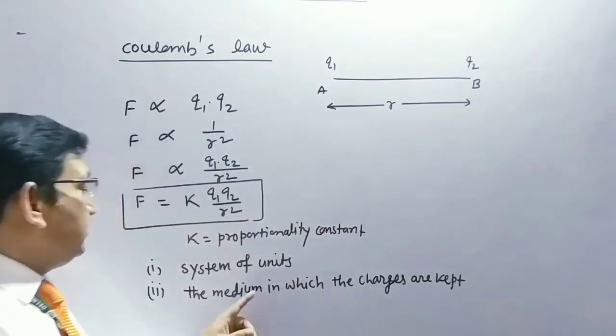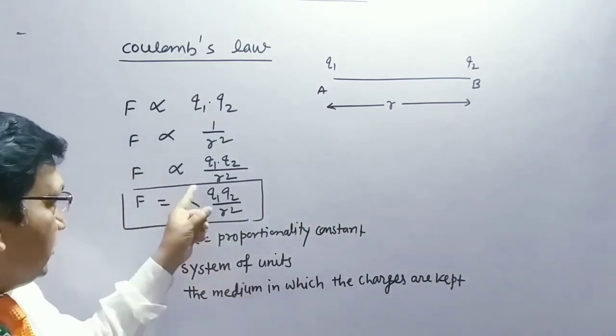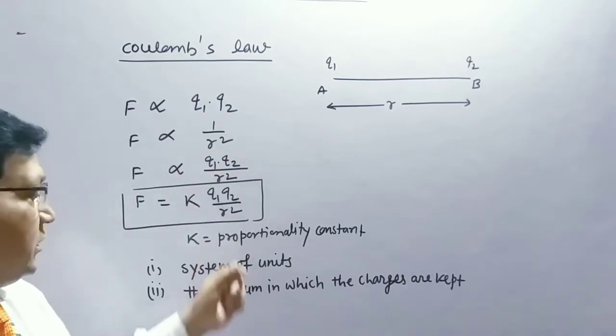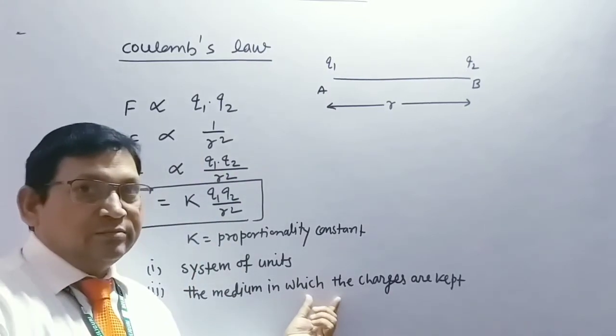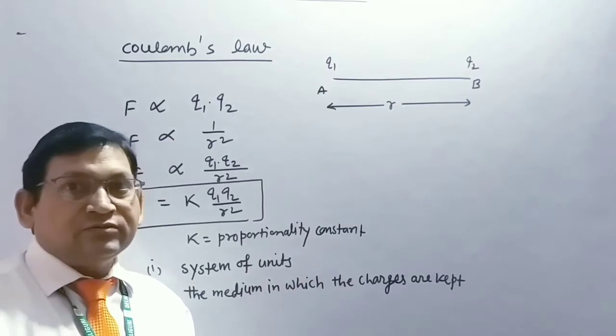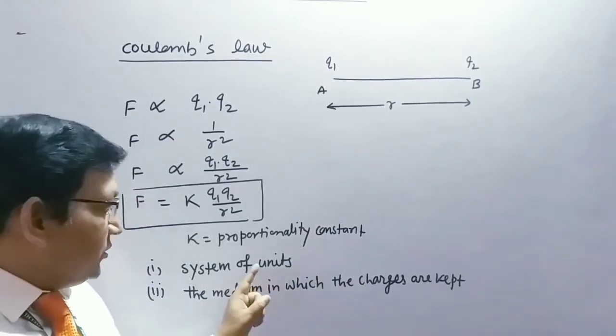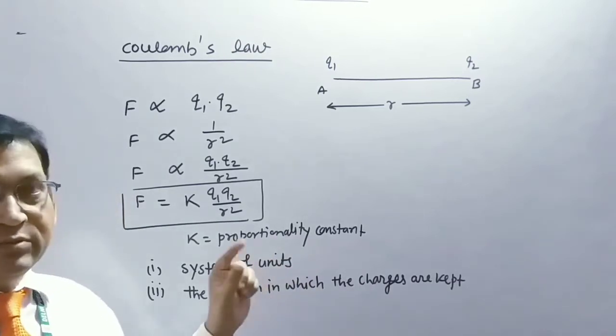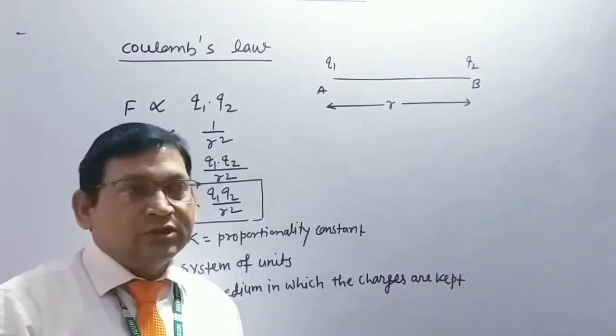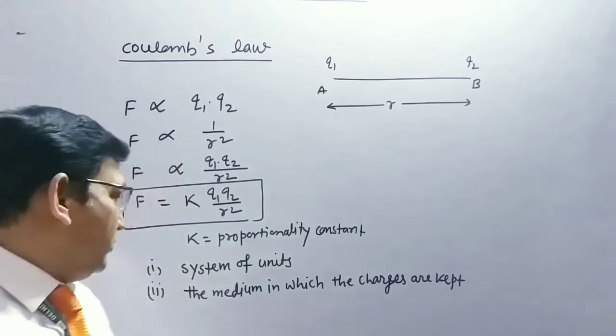Here we have an important point. The electrostatic force acting between two charges depends upon the medium. But if we consider the gravitational force between two masses, then the gravitational force does not depend on the medium. So that is one of the differences between electrostatic force and gravitational force.